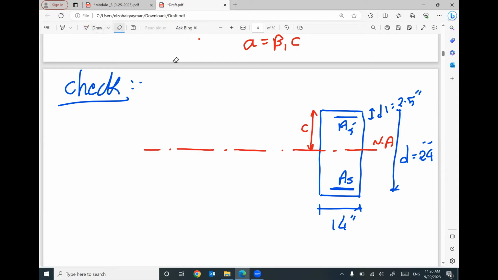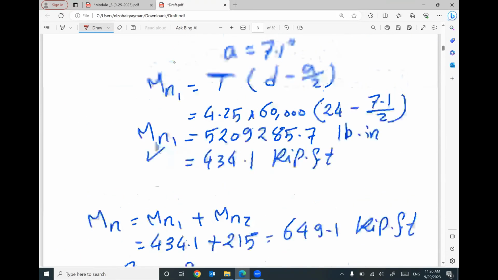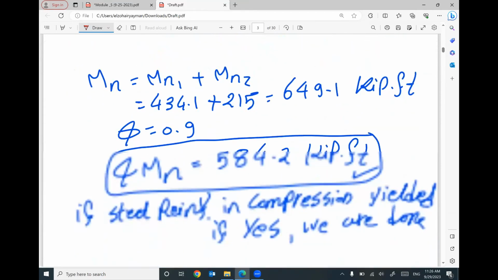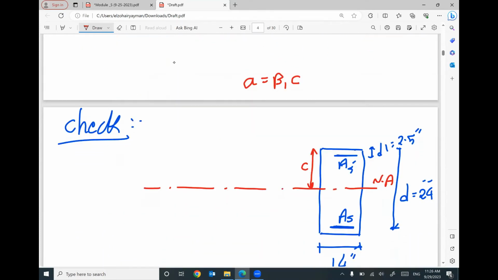Keep in your mind, you already got the value of A, so your A is known.